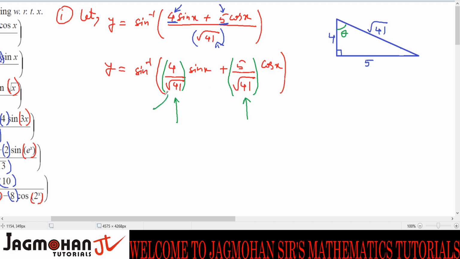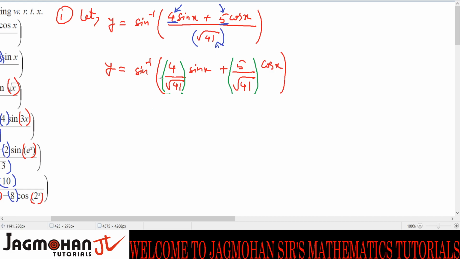If I take this as sine theta, then automatically this becomes cos theta, and vice versa. So you don't have to worry about that, and you don't even have to draw the triangle. This is a very simple concept. You can write it directly.